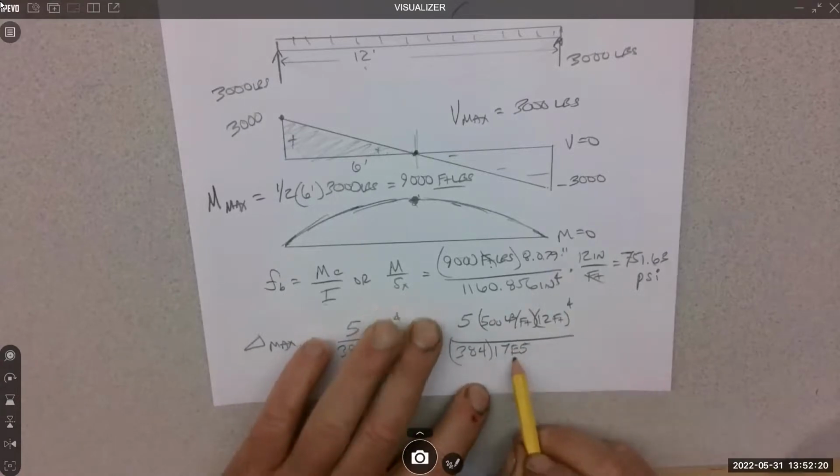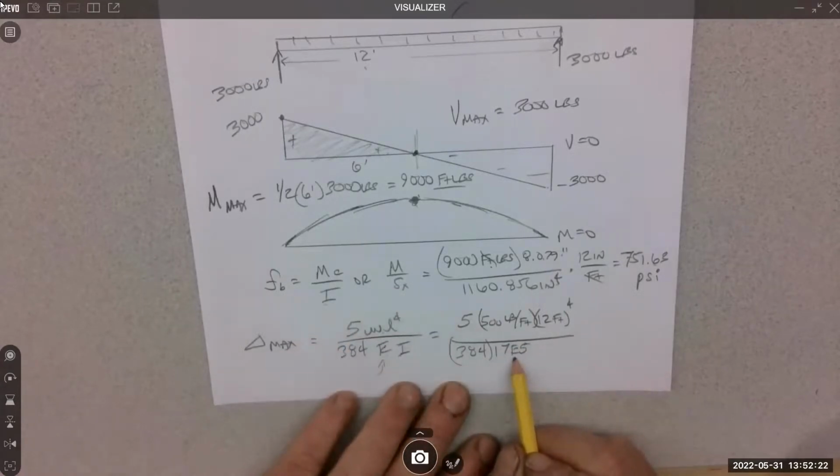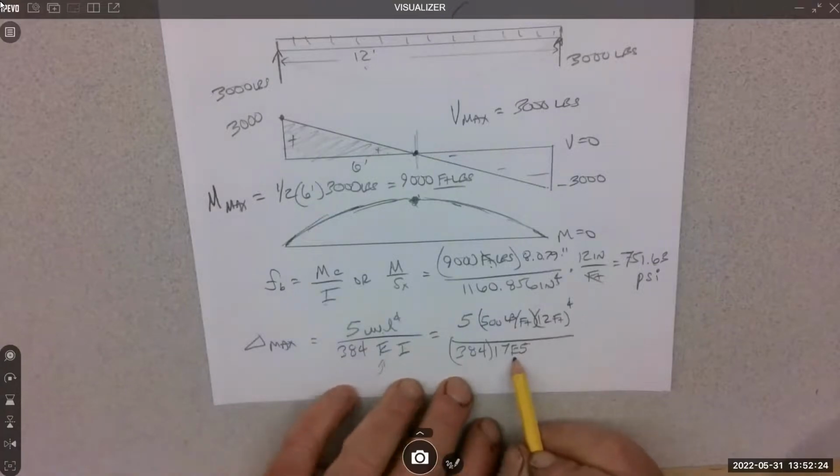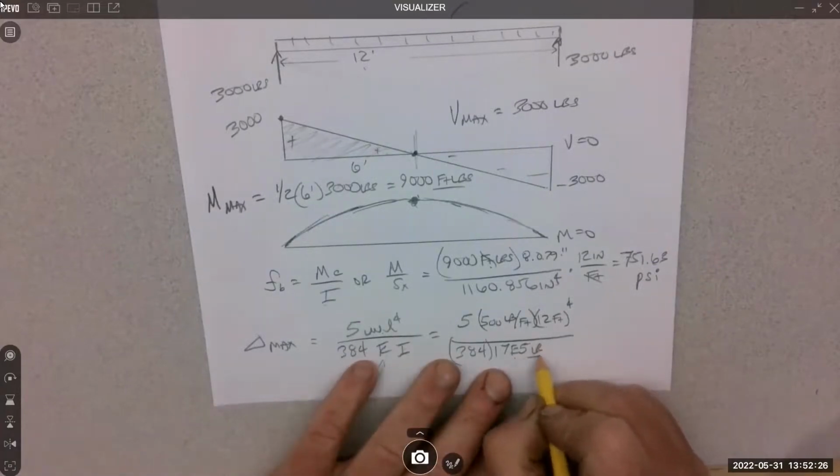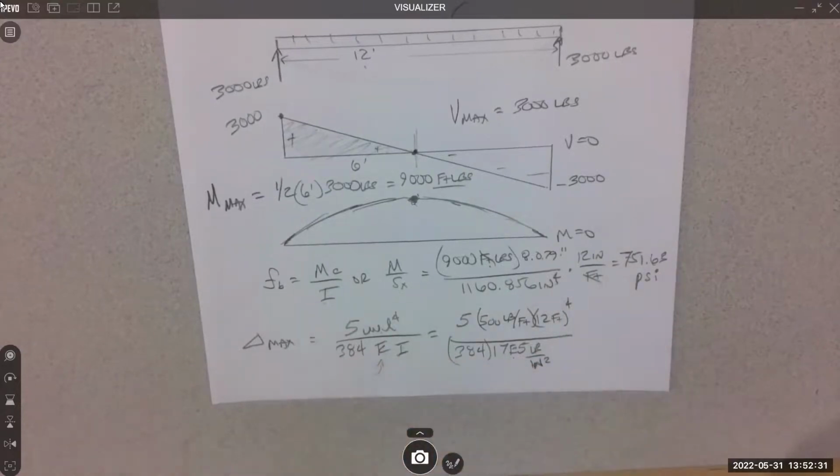So that E is exponential, not modulus of elasticity. Pounds per inch squared, because I know I'm going to need it in inches squared and pounds at some point to get these units to cross. So I took their 1700 and just made it 17 to the 5th, because it adds 3 zeros to the 1700.